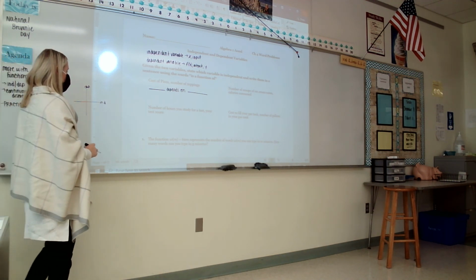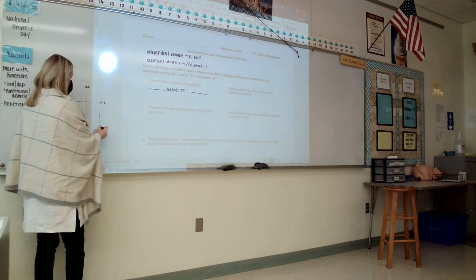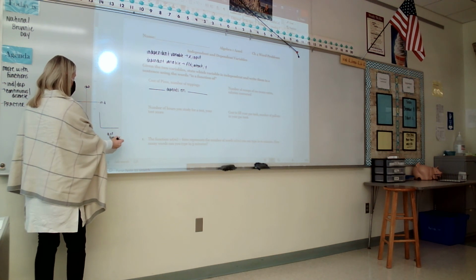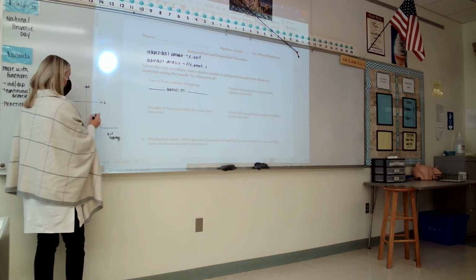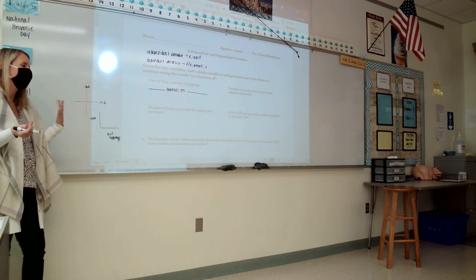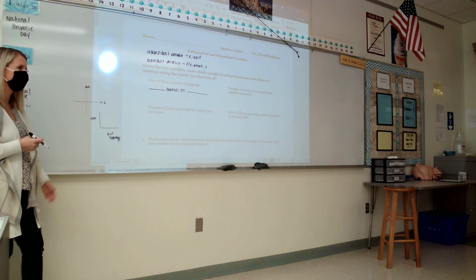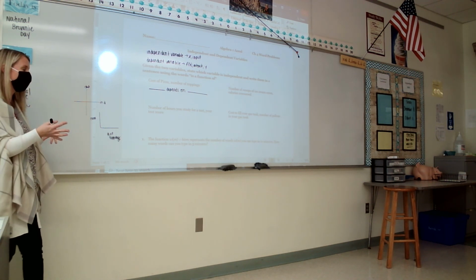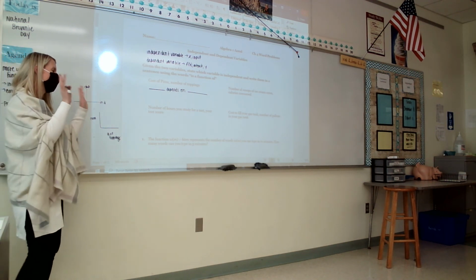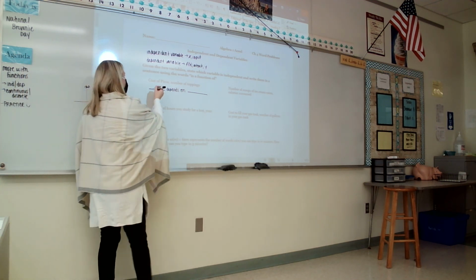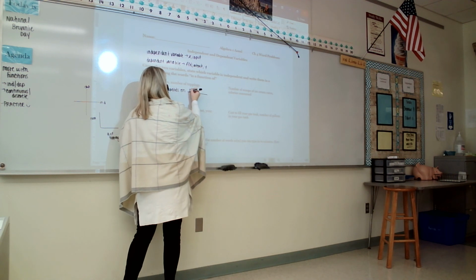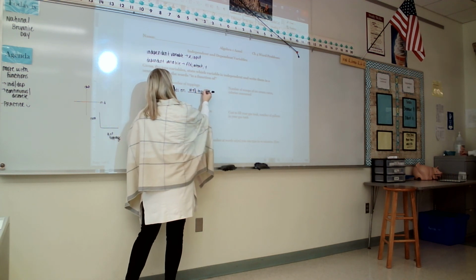If I graphed it, I would have to put toppings here because I need to know how many toppings I have in order to know the cost, right? I would never know the cost before. If I just said, what's the cost? You'd be like, well, how many toppings are there? Because the cost depends on how many toppings there are. I know it sounds weird now, we'll get used to it. So the cost is going to depend on the number of toppings.